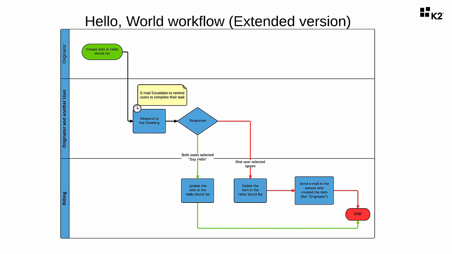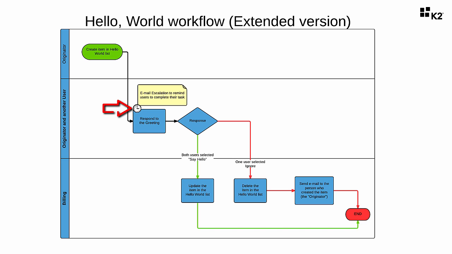But if any one of the users selects ignore, the workflow should not wait for the other user's input to follow the ignore path. This is basically the same thing as requiring all assignees to approve an approval step in a workflow, or escape from the approval step if any one of the approvers rejects the request.